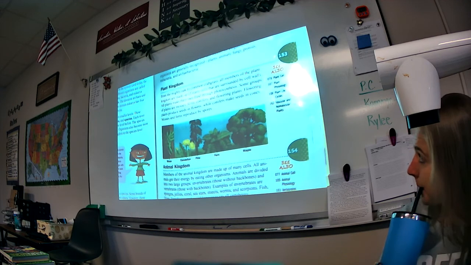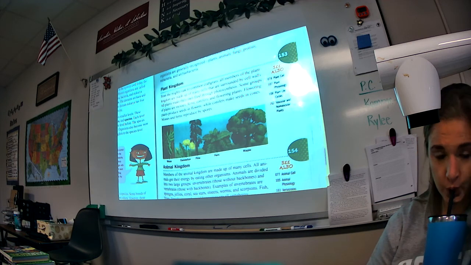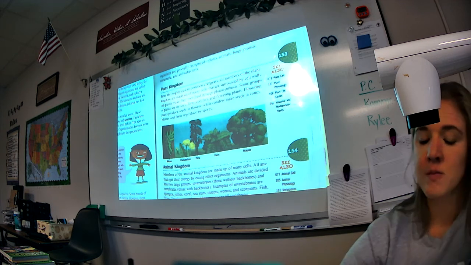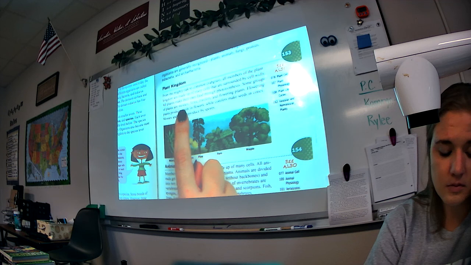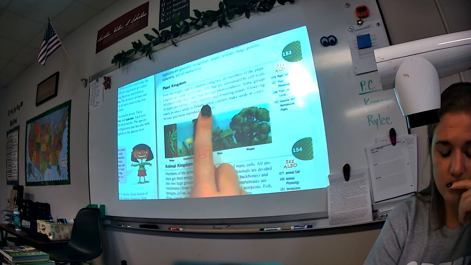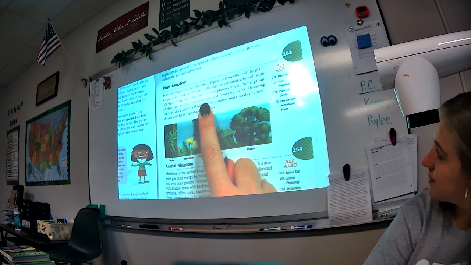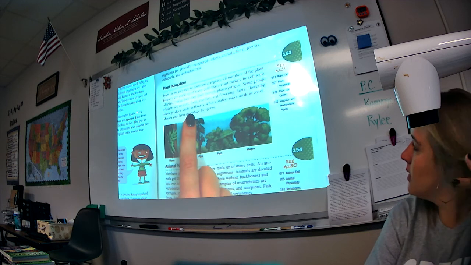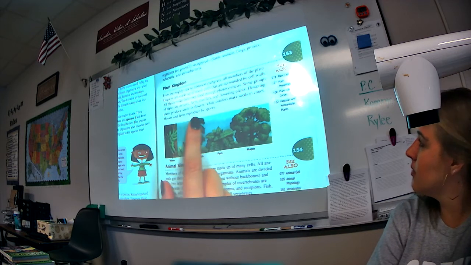From the mighty oak to common crop, all members of the plant kingdom are made of many cells that are surrounded by cell walls. All plants make their own food by photosynthesis. Some groups of plants are mosses, ferns, conifers, and flowers. Flowering plants produce seeds and flowers, while conifers make seeds and cones. Mosses and ferns produce spores.